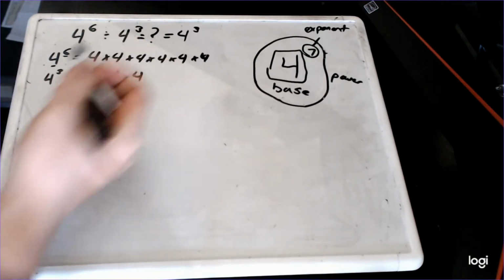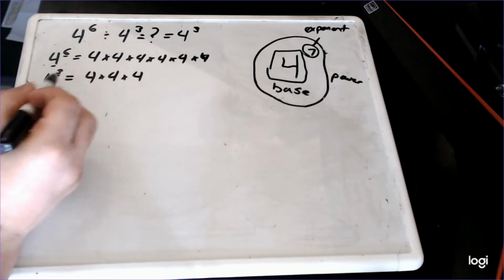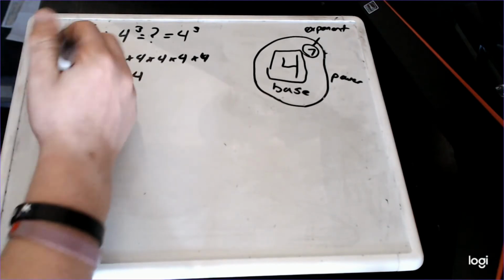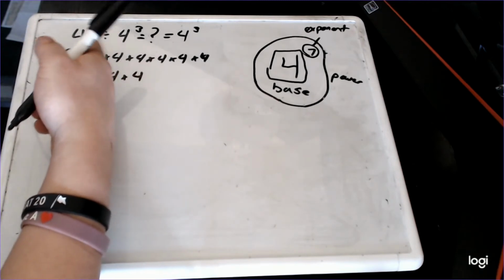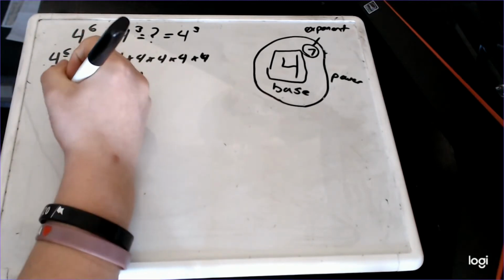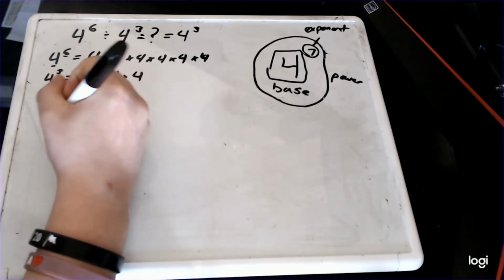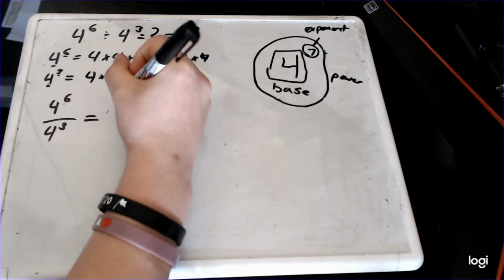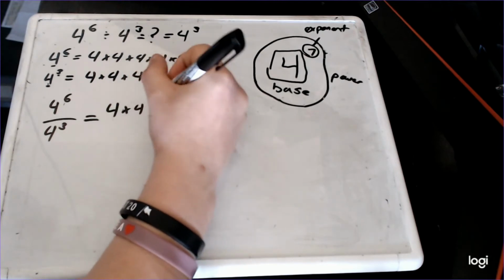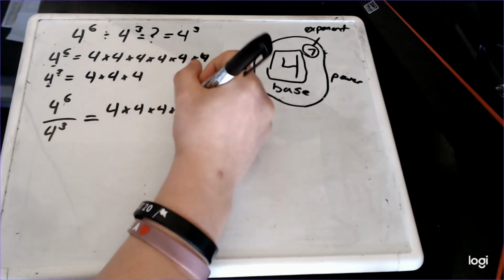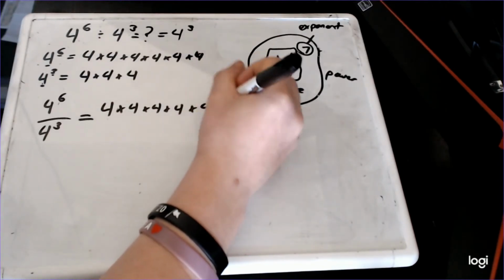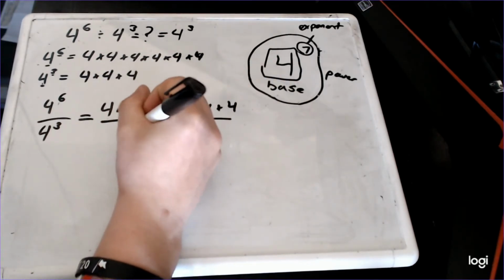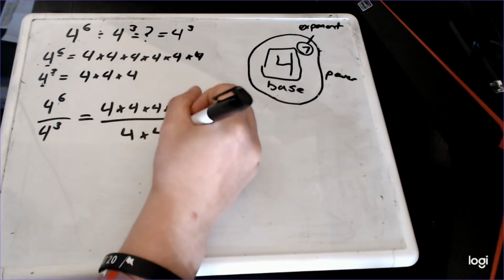Three 4s, because exponent 3, base of 4. Okay, so another way we can write this is 4 to the 6 divided by 4 to the 3 equals 4 times 4 times 4 times 4 times 4 times 4, all divided by 4 times 4 times 4.